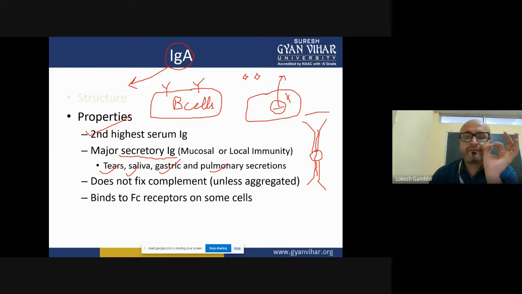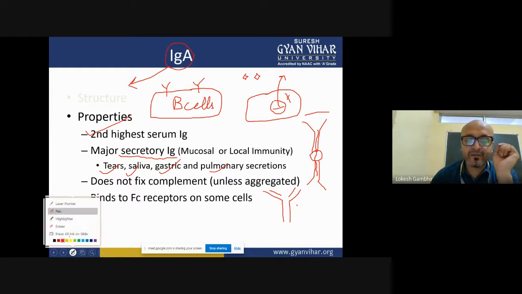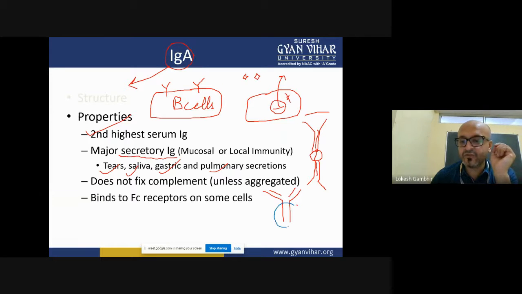Now another part we should remember here: when we were talking about IgG, this is IgG that I am making, we said that this particular portion that I am highlighting was responsible for activating the complement system and for activating the macrophages.